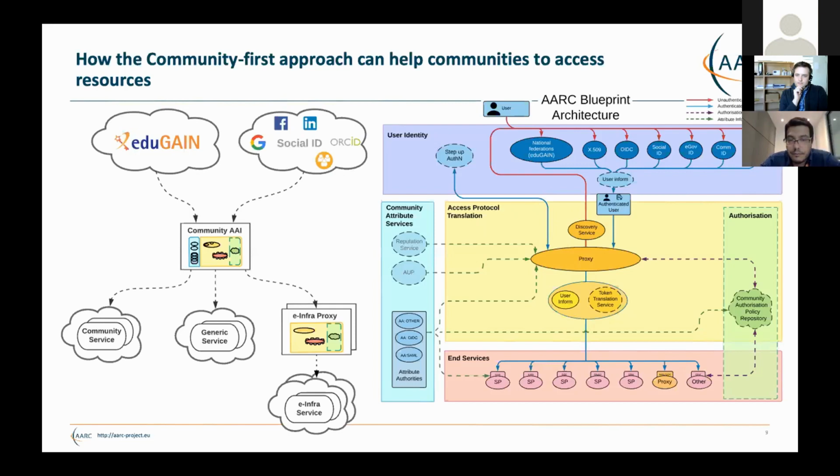So are there more questions? While I wait, if other people type, I also want to make it clear that the BPA, this architecture, is rather complex, clearly. It's really about building an AI for a research collaboration to manage their users, to manage access to the resources the collaboration wants to offer to external users or other research collaborations.